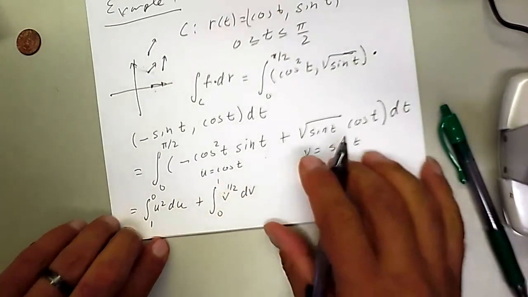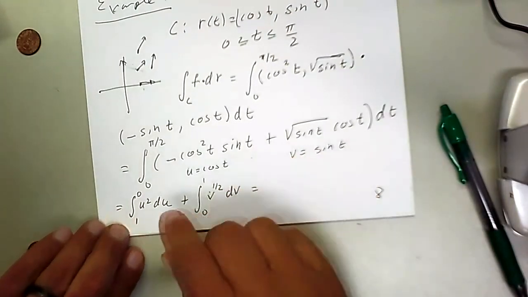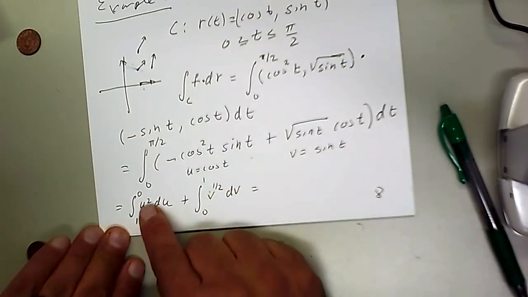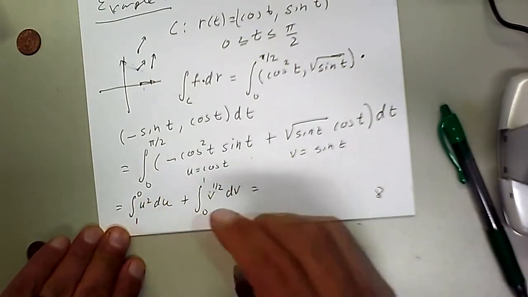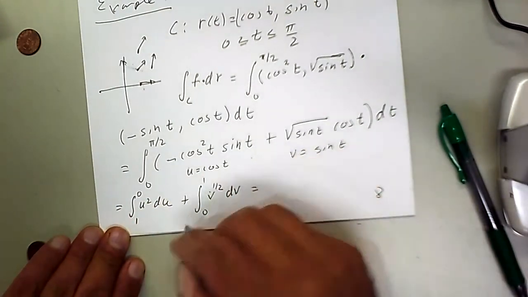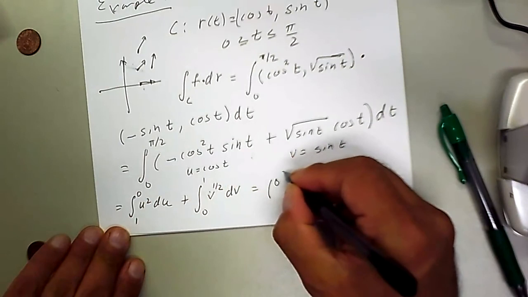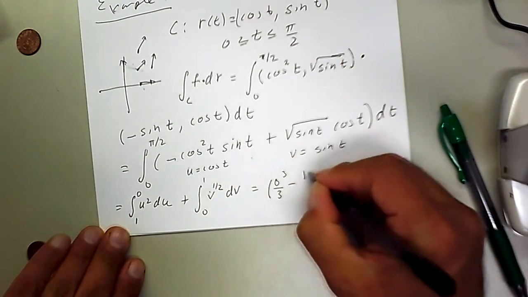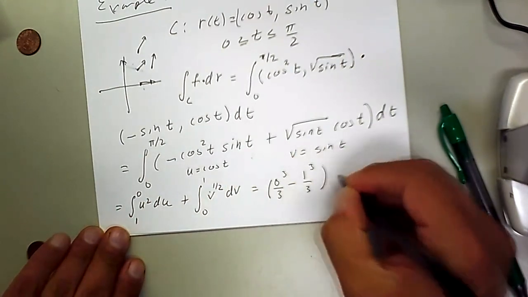So that is going to be u cubed over 3. Again, u cubed over 3. So we're going to end up with 0 cubed over 3 minus 1 cubed over 3.